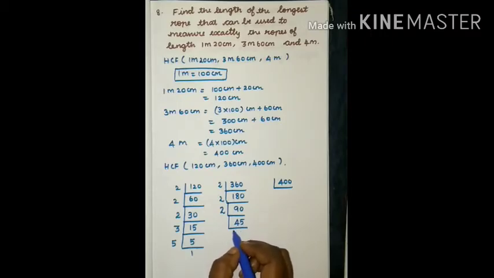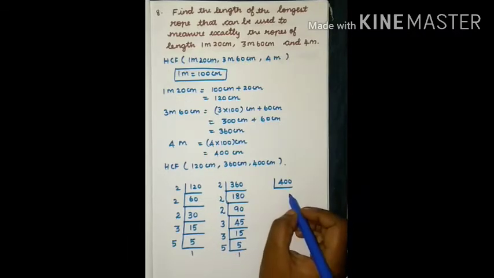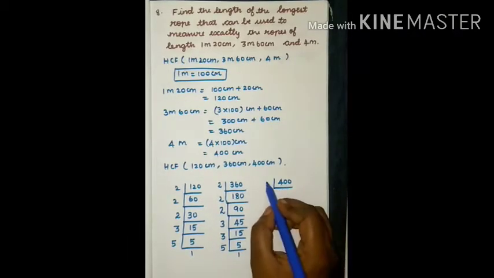So let's move on to the next least prime number, 3. 3 15s are 45. 15 is also an odd number, so it is divisible by 3. 3 5s are 15. 5 is a prime number, so it is only divisible by 5. 5 1s are 5. Then let's find for 400.